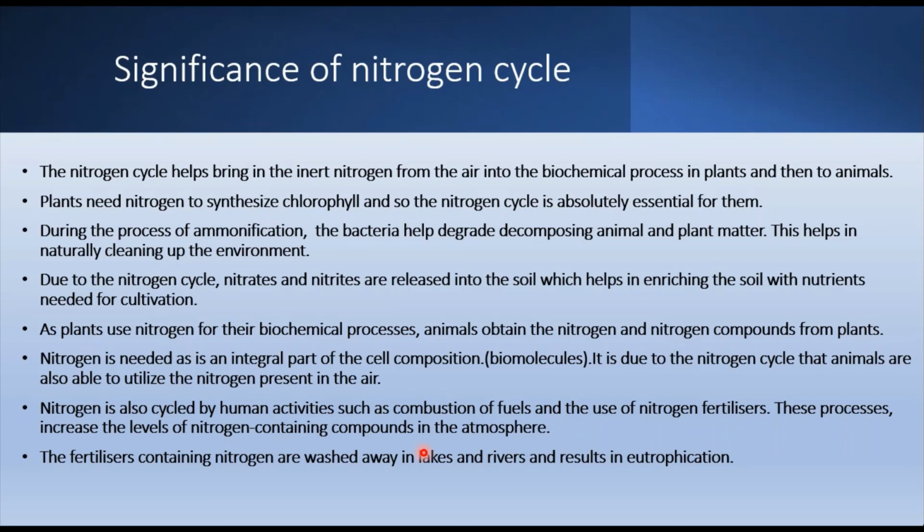For example, if more nitrogen content gathers in water bodies like lakes and rivers, that may result in eutrophication. So this is all about the nitrogen cycle, where we have discussed the different steps involved, what the significance is, and what groups of microorganisms are involved in this nitrogen cycling.